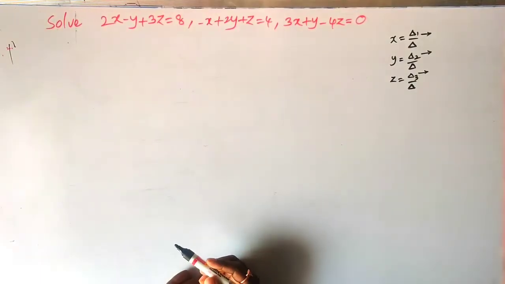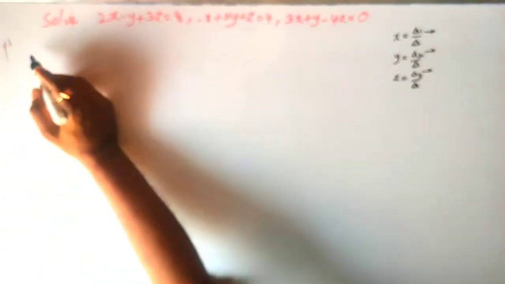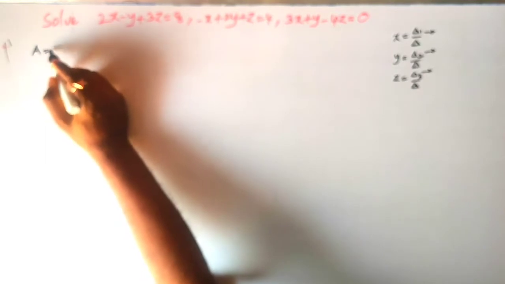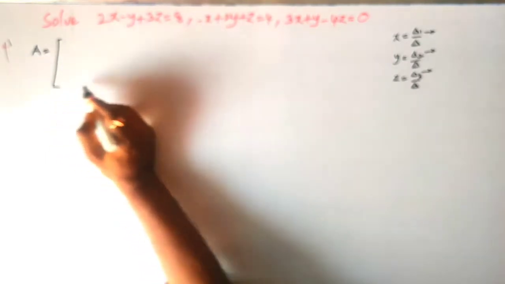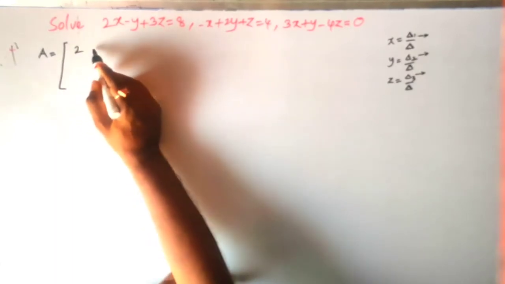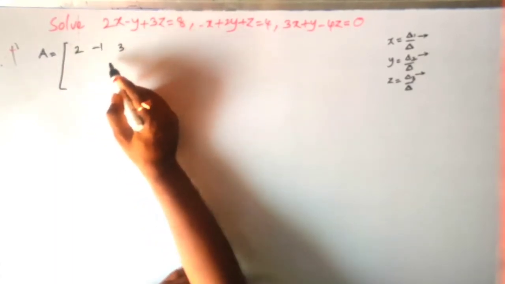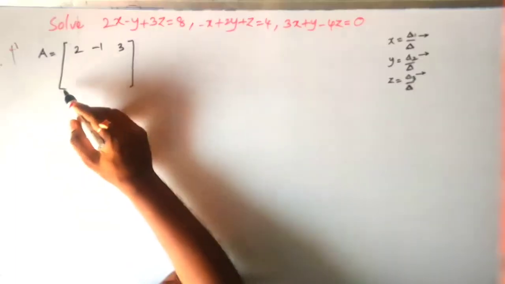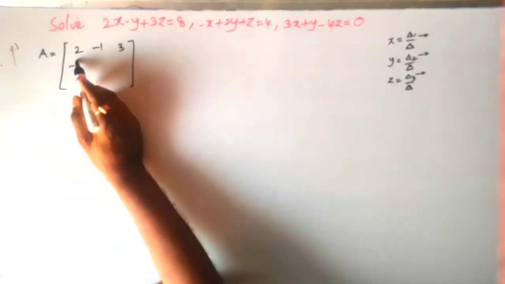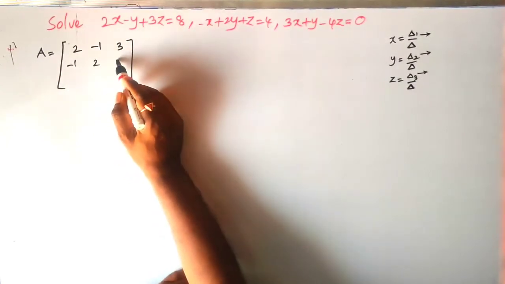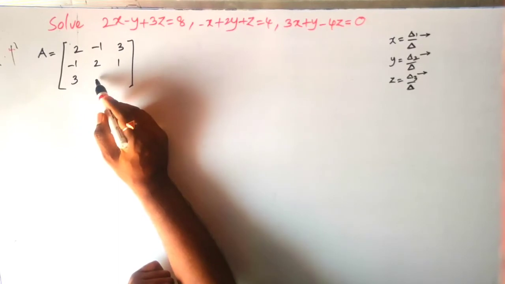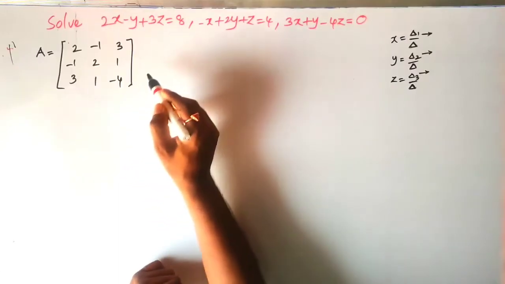First we write the coefficient matrix A equals: the first equation coefficients 2, -1, 3; the second equation coefficients, second row, -1, 2, 1; the third equation coefficients 3, 1, -4.